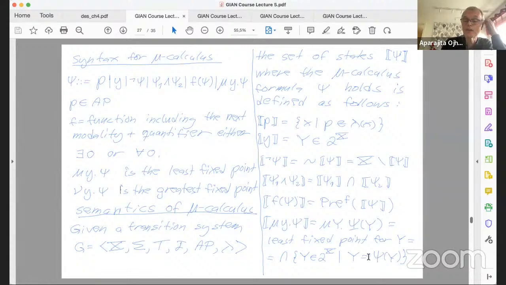It's not enough that it's satisfied for one. And then, of course, the opposite, the greatest fixed point: you take the union. That means that all subsets Y where this fixed point equality is satisfied are summed up together, and that generates the greatest fixed point.